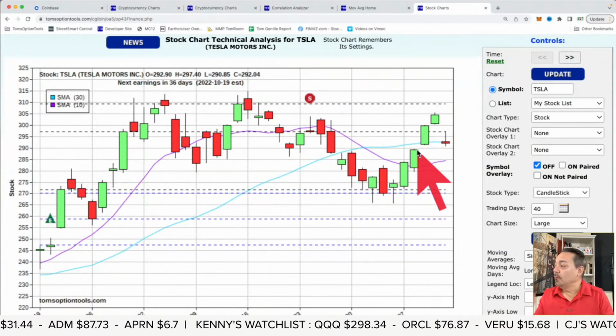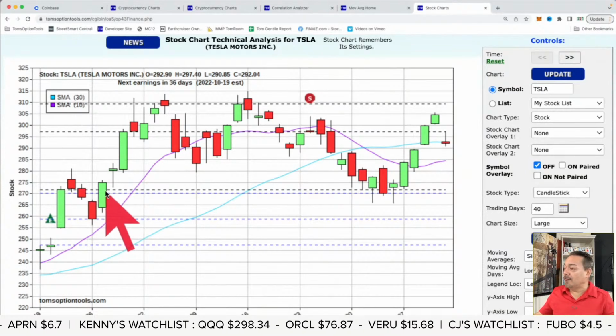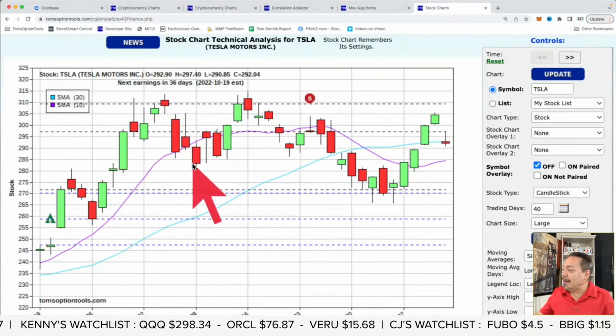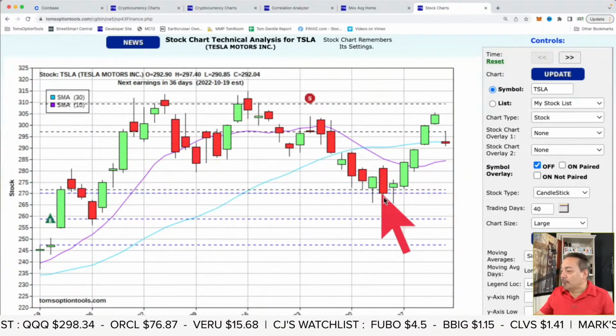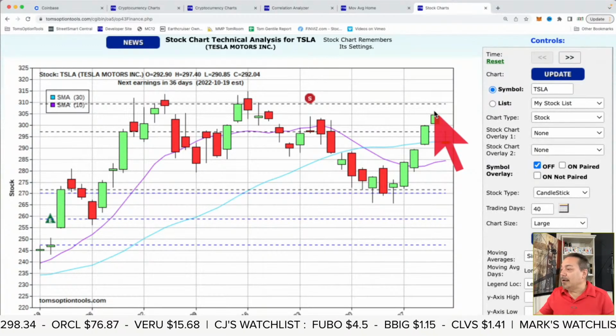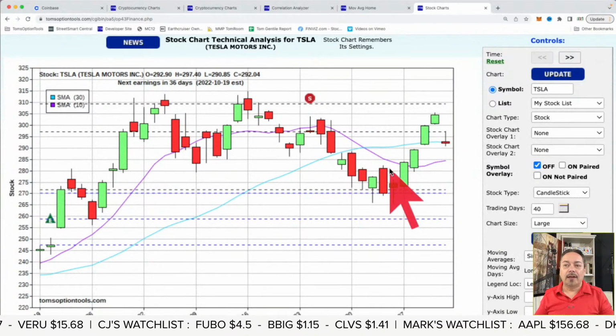That noise filter ruled this one out because look at all this noise. And I'm talking about the noise between 270 and 310, and 280 and 310, and 290 and 300, and 270 and 305. That's too much noise. That one gets pulled out.